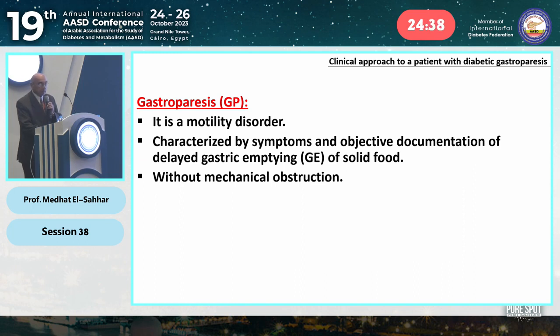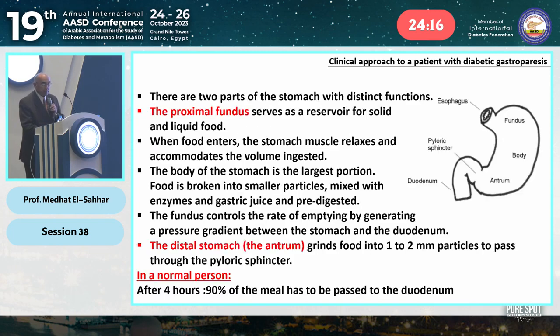Our speech today will be about gastroparesis. Gastroparesis is a motility disorder. It is characterized by symptoms and objective documentation of delayed gastric emptying without mechanical obstruction. So this is the definition of it.